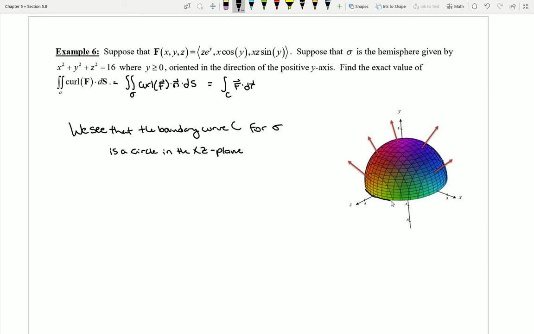This right down here would be considered the boundary of that surface, because notice that if you cross that line, that's when you would switch to being outside of this hemisphere to almost inside. That's the edge of it. And I can easily see that if I was in the xz plane, then of course y is 0. But if y is 0, then this equation simplifies, and we could say that the equation of that circle is going to be x squared plus z squared is equal to 16. So that's a circle down there with radius 4.